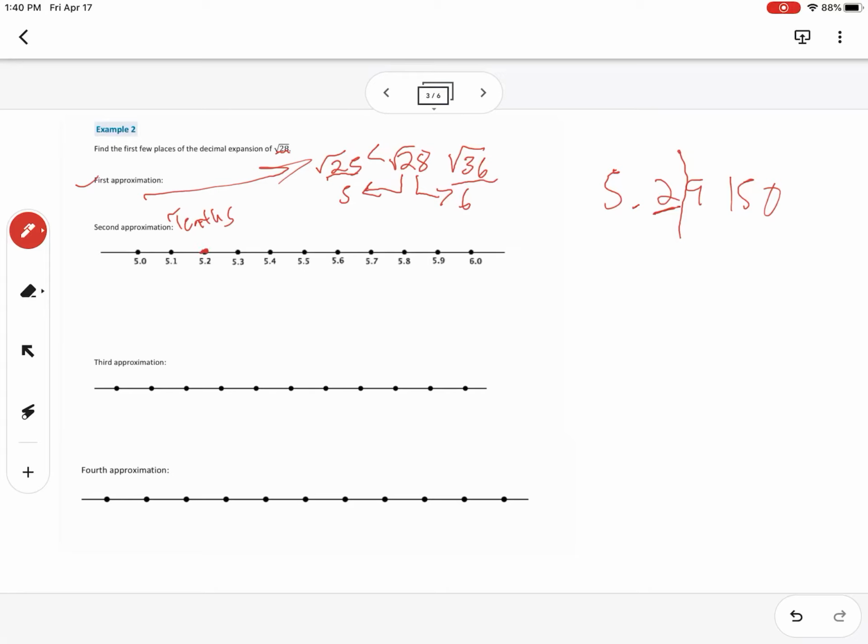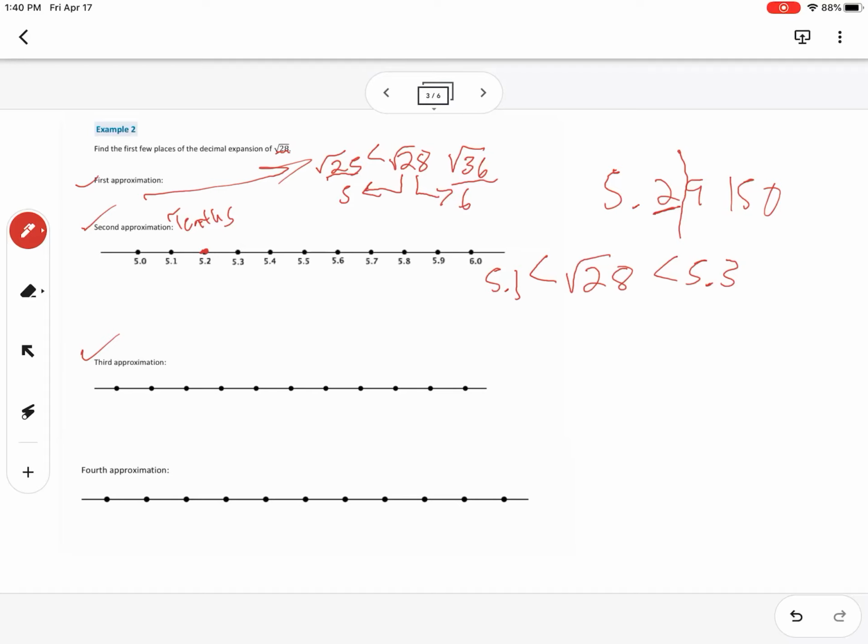If I'm writing a number sentence, I would say that the square root of 28 is larger than 5.1, but it is smaller than 5.3. That's how I could write that as a number sentence. Now next, the third approximation, because we just did the second.